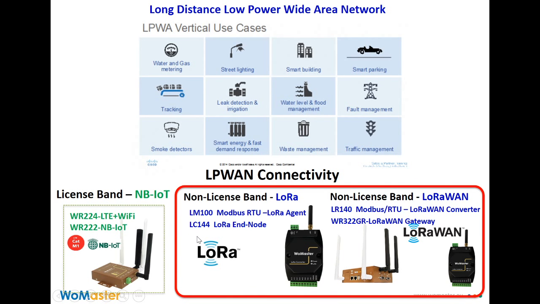Another one is the LoRa N-Node as client, LC144. It's the LoRa N-Node to connect to end devices such as sensors and RTUs, remote transmit units, to the LoRaWAN converter, LR140. It can convert Modbus RTU to the LoRaWAN protocol and link to the cloud platform. And the WR322GR-LoRaWAN is the LoRaWAN gateway working with the cloud platform as a WoMaster or WoMaster OTA.